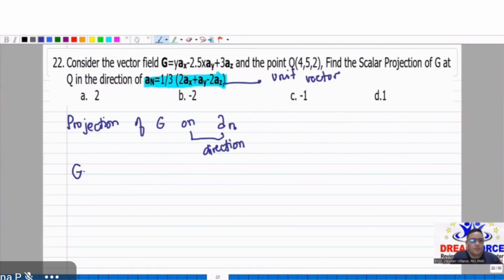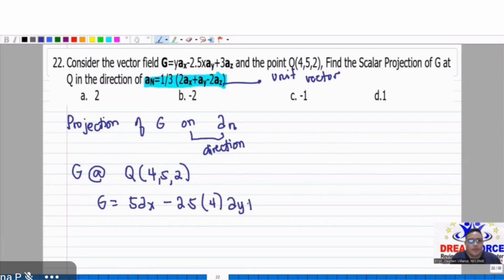So, dito na lang tayo sa G. Hanapin muna natin yung G at your point Q, 4, 5, 2. So, G now is equal to y, which is 5Ax minus 2.5 x 4 Ay plus 3Az.